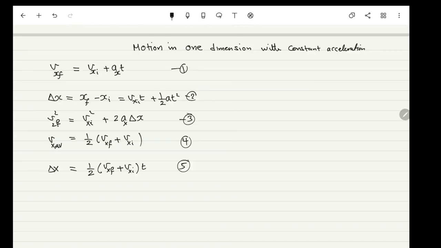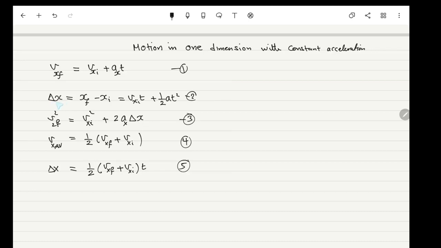Now let's move to motion in one dimension with constant acceleration. The following equations are the equations of motion at constant acceleration. So equation 1 here, Vx final equal to Vx initial plus axt, in such a way that Vx final here is the final velocity, and Vx initial is the initial velocity. Ax is the acceleration, t is time.